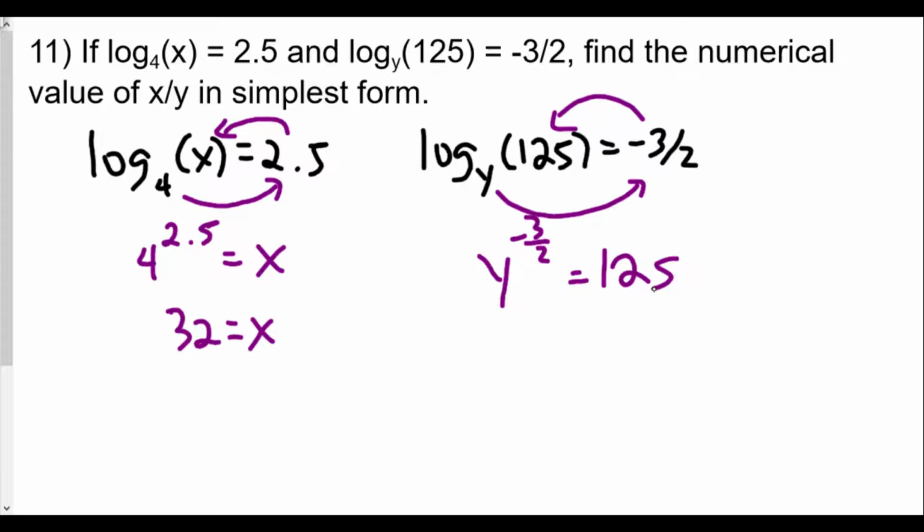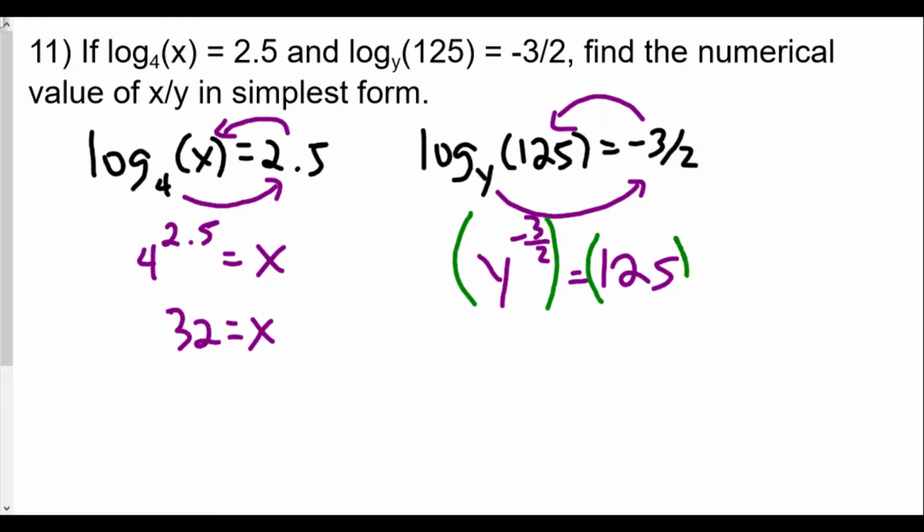We have an unknown base, and we want this unknown base to the -3/2 power to equal this numerical value. Whenever we have the unknown base raised to a certain power, we raise both sides to the reciprocal of the exponent.